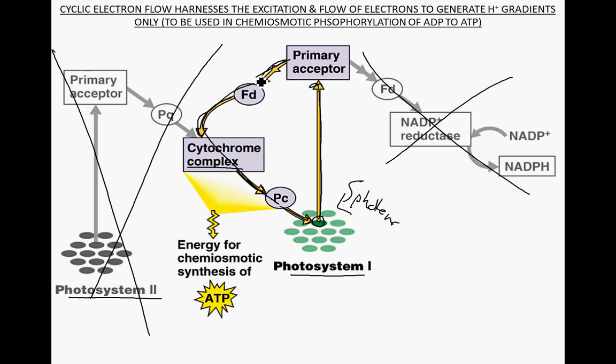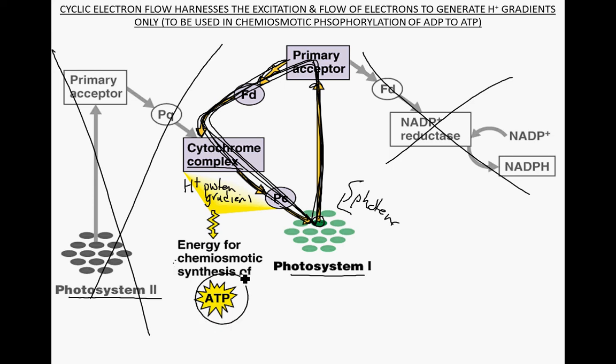As these electrons flow cyclically, right, this way, spurred on by the absorption of light photons, electron flow is generating a proton gradient, and that proton gradient is the energy used for the chemiosmotic synthesis of ATP. So the cyclic electron flow generates only ATP.